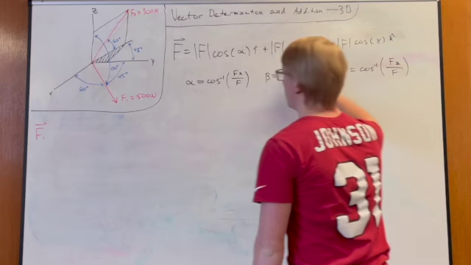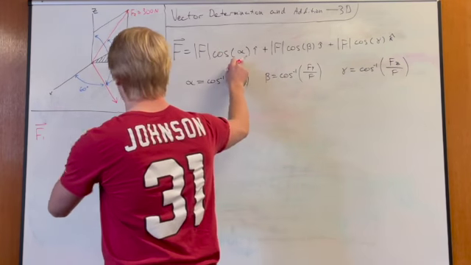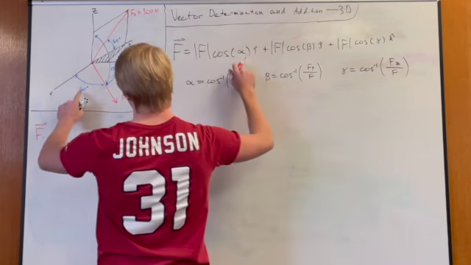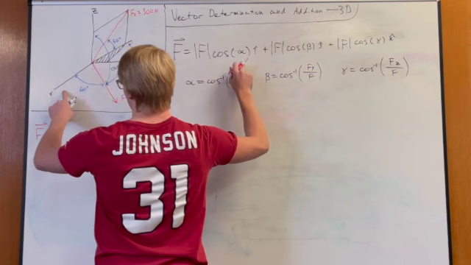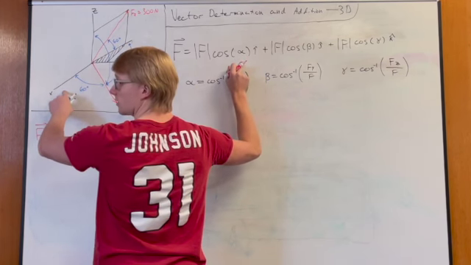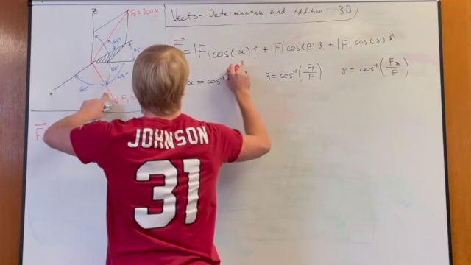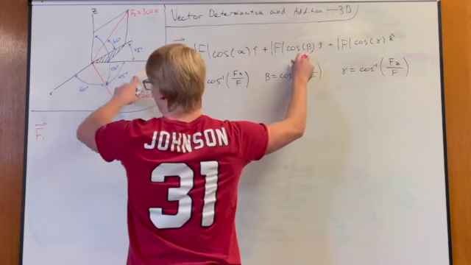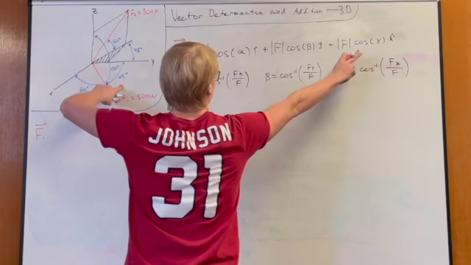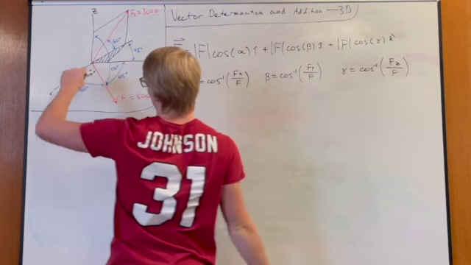Okay. So alpha, in this sense, is the angle from the x line to the vector. Beta is from the y to the vector, and gamma is from the z to the vector.